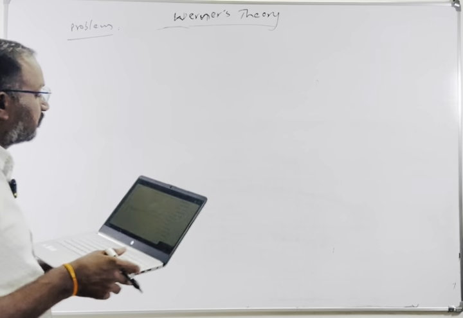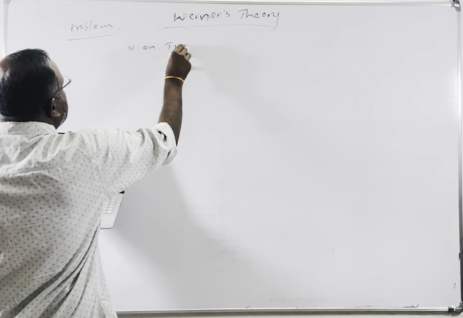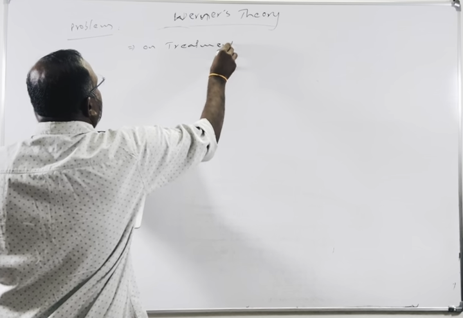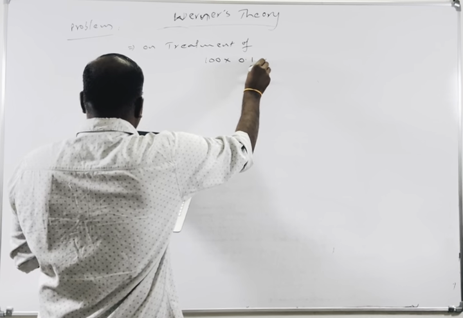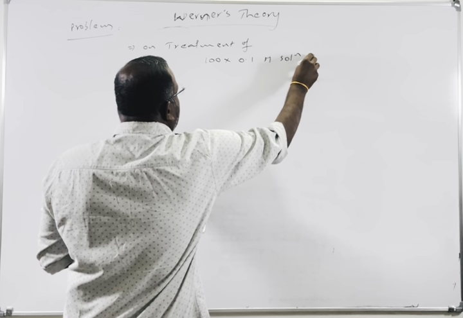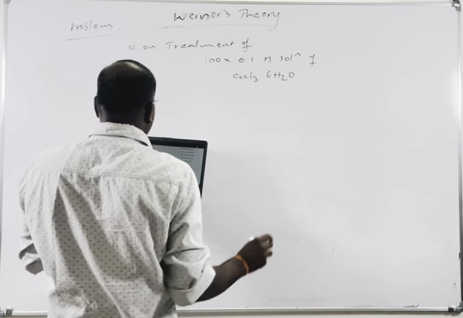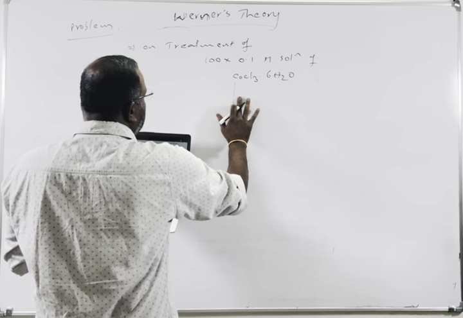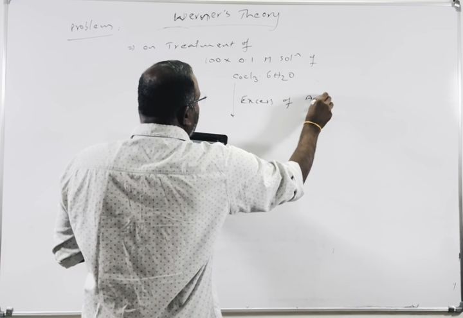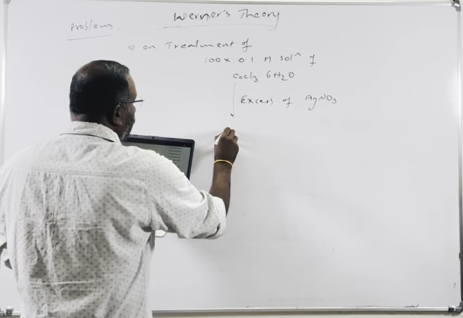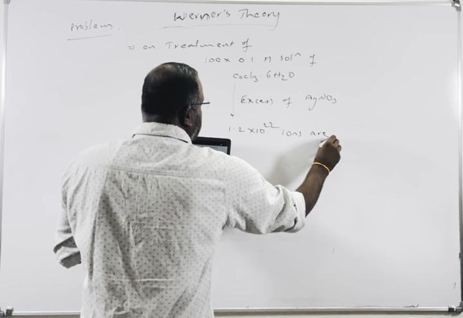That problem is, on treatment of 100 ml of 0.1 M solution of CoCl3.6H2O with excess AgNO3, 1.2 into 10 power of 22 ions are precipitated.